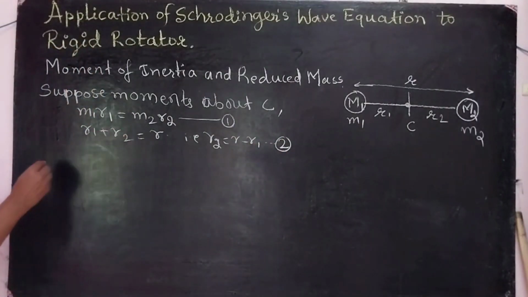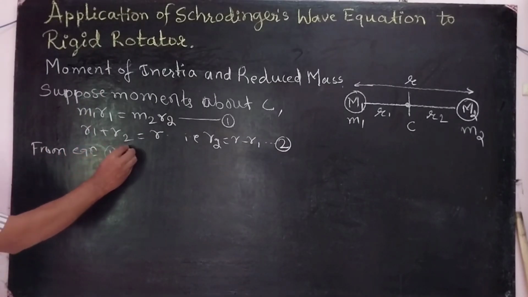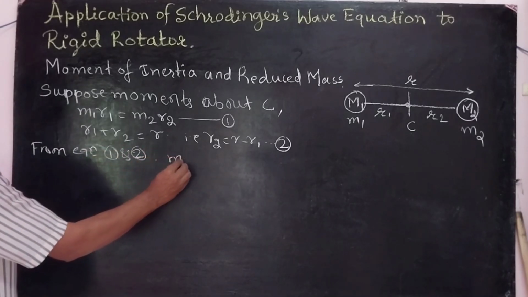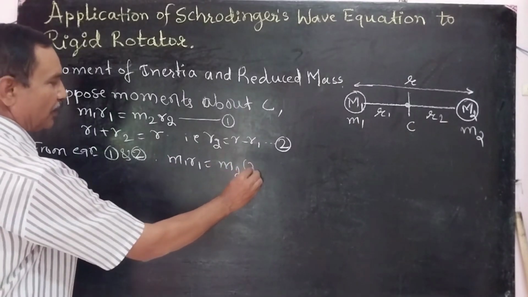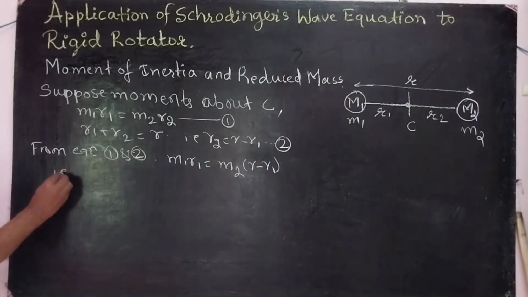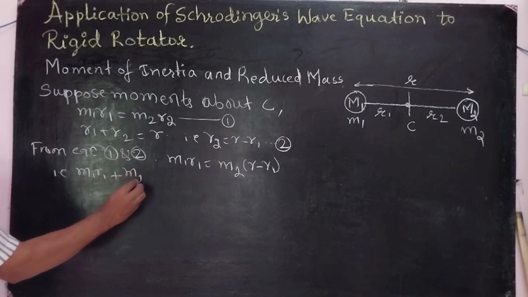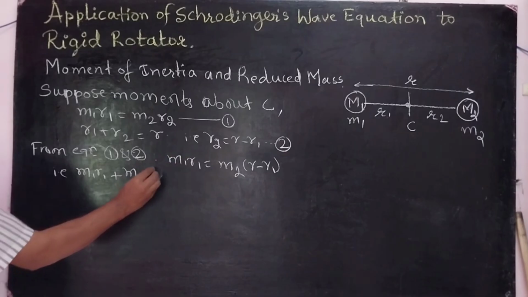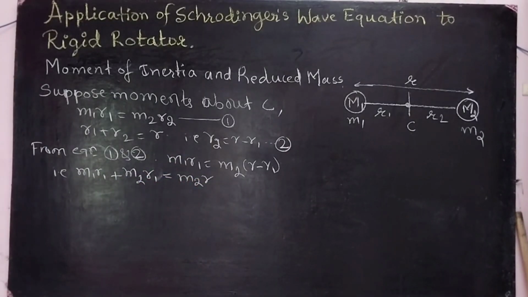From equations 1 and 2, we may write m1 r1 equals m2 (r minus r1). That is, m1 r1 plus m2 r1 equals m2 r.